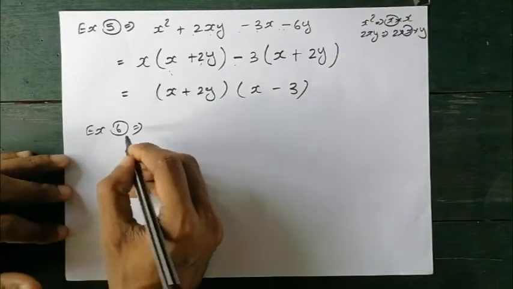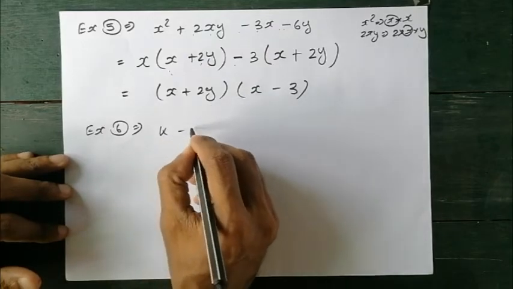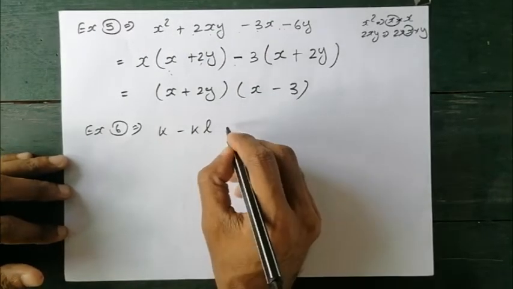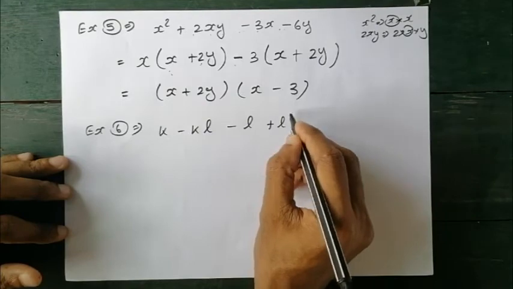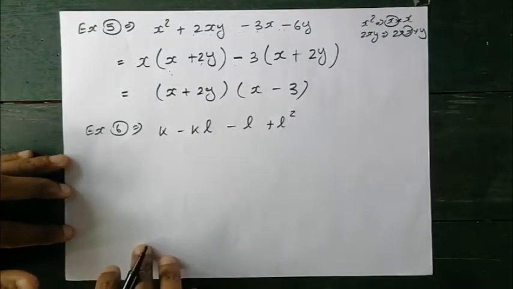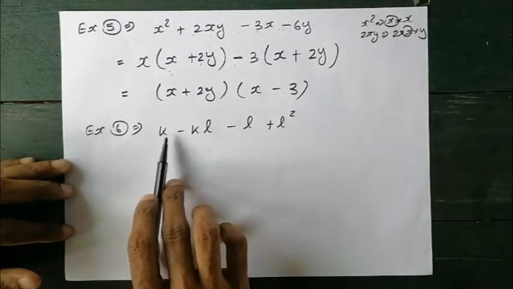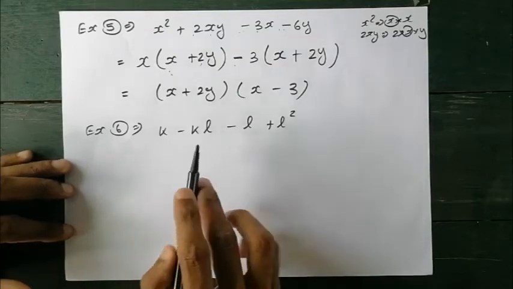Okay, we have a last one, the sixth example: k minus kl minus l plus l squared. Check the elements k and kl. K is the common term.